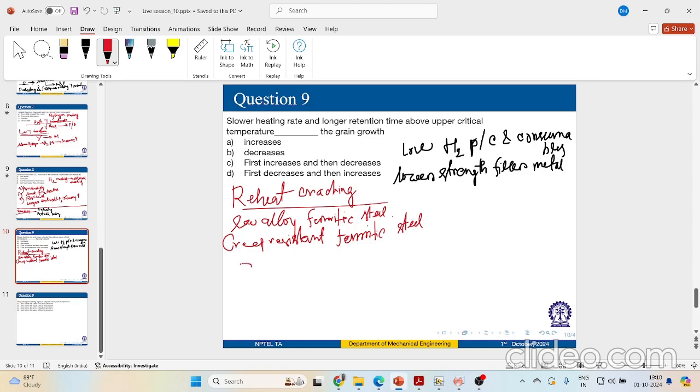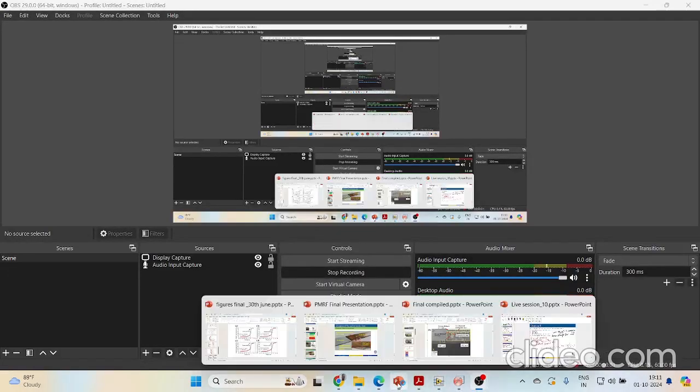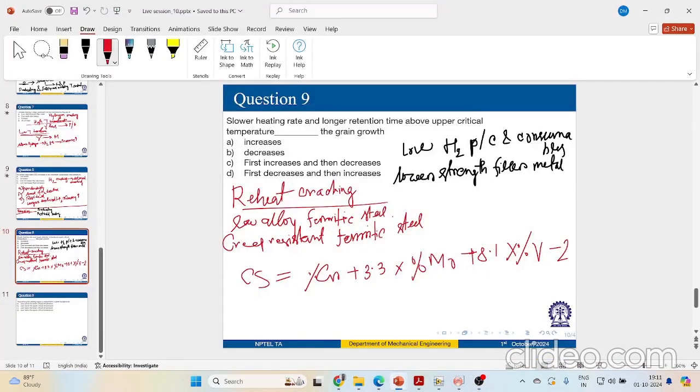I want to write it down over here. That minus 2. Now when this value of crack susceptibility is equal to or greater than 0, the steel may be susceptible to reheat cracking, right?